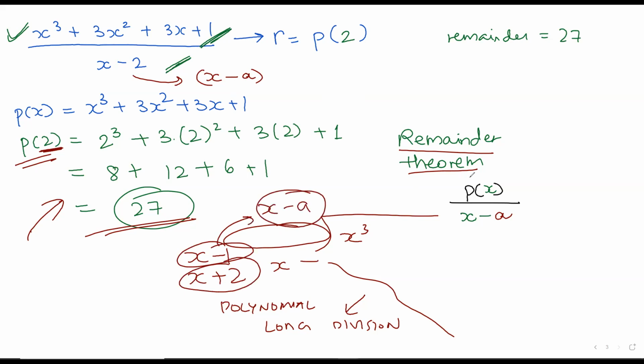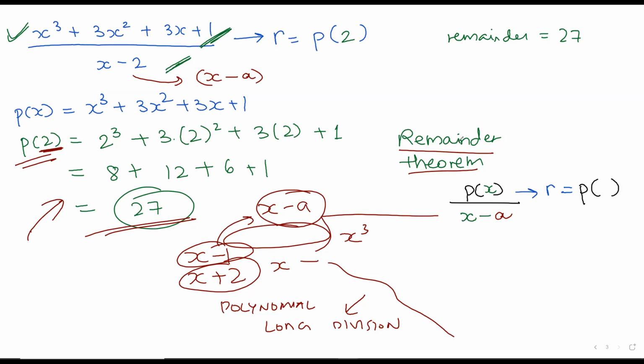That's a generalized form. So once again, the remainder theorem states that if you have a polynomial, let's call it p of x, and we are dividing it with a linear polynomial x minus a, then the remainder on this division is going to be the number that comes when you put a in place of x in the polynomial p of x.